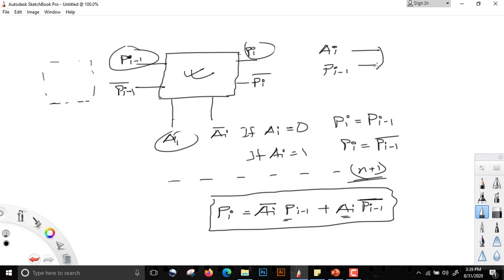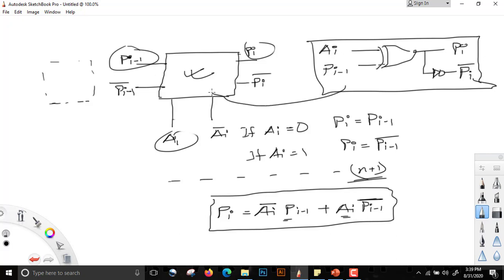The relation is XOR. So this XOR relation will give us the value of Pi. And if we add a NOT gate, we provide an XNOR relation, it will give Pi whole bar. So this is the logic circuitry that will be included in this box. And these blocks will be repeated over and over again, and for each new digit that will be arriving, the parity will be updated.